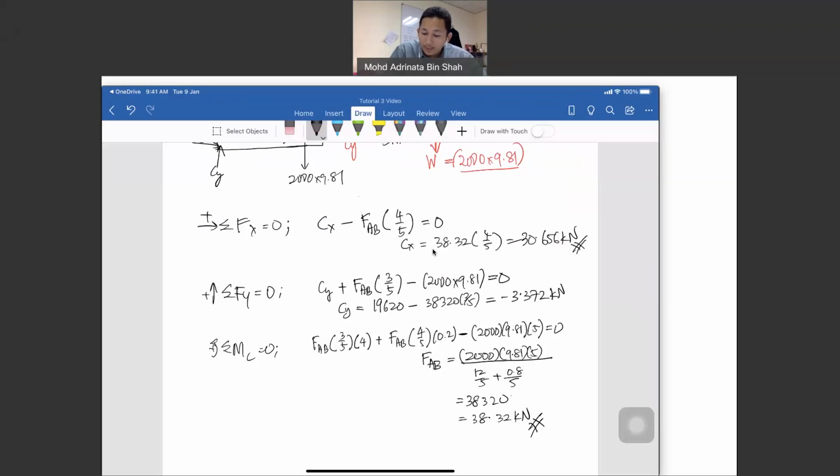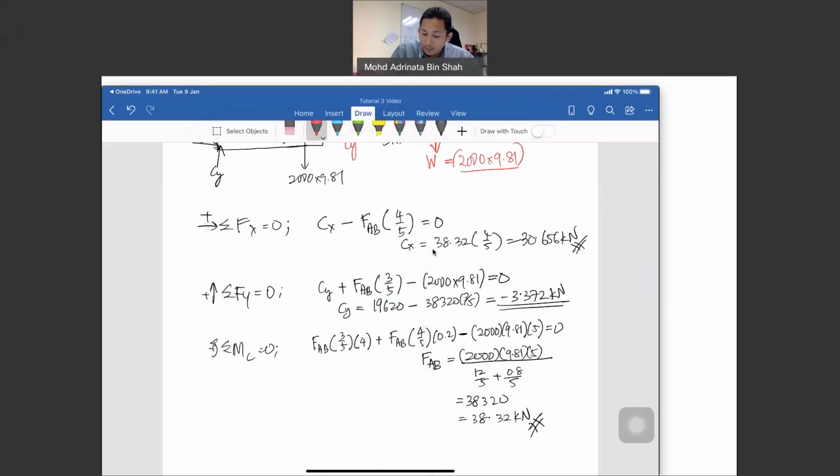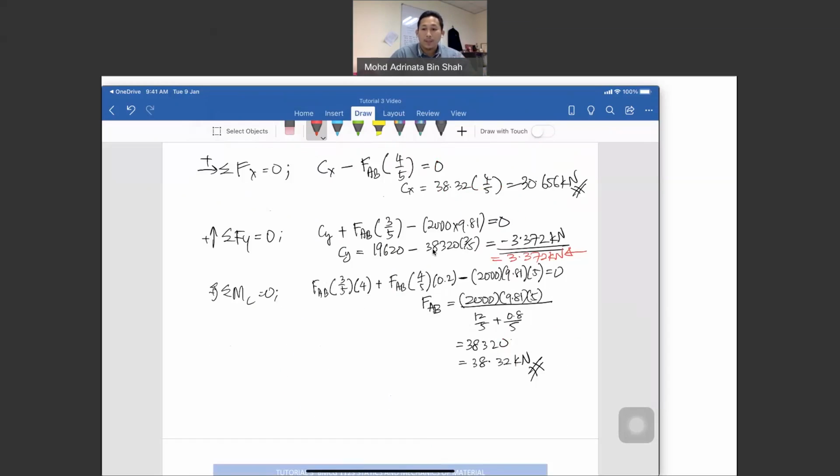So Cy is 3.372 kilonewton to the left. So to the left positive. Sorry, the value is 3.372 kilonewton to the left. Solve our third equation.